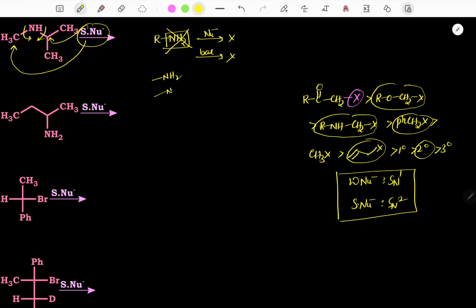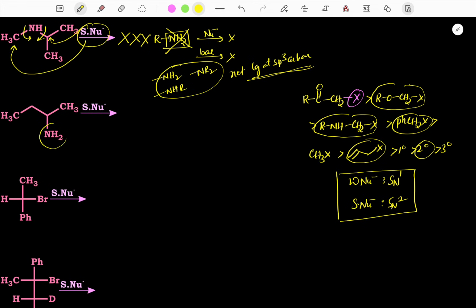NH2, NHR, NR2 are not leaving groups at sp3 carbon. That's why no reaction. Therefore, in the next one also, NH2 is not a leaving group, therefore no reaction.